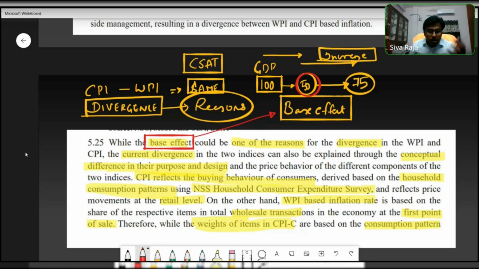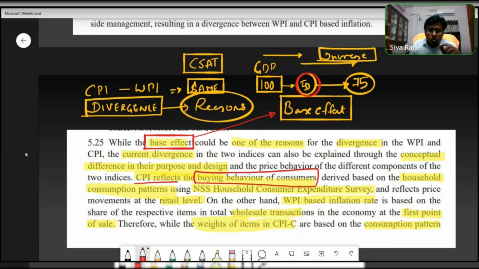Next, coming to this point, the consumer price index. So see, WPI and CPI, what is the difference now? CPI reflects the buying behavior of consumers. So in that, you will have the components which the consumer buys.